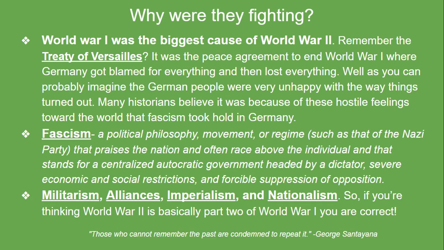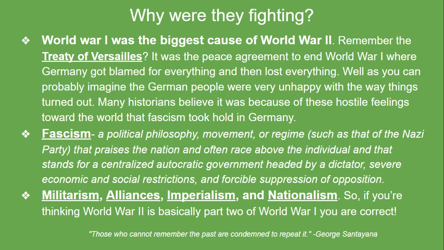Now, what is fascism? Fascism is a political philosophy, a movement or regime, such as that of the Nazi Party in Germany, that praises the nation and often race, the white race, above the individual, and that stands for a centralized autocratic government headed by a dictator, severe economic and social restrictions, and forcible suppression of opposition.